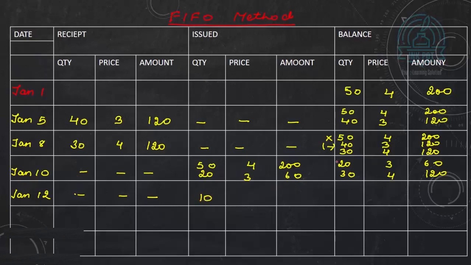Now this 10 units we can take from here at the rate of 3, that is 30. Now the balance is 20 minus 10, which is 10, and we have 30 units from the next stock. So at the rate of 3, at the rate of 4, it is 30, and this is 120. Right.